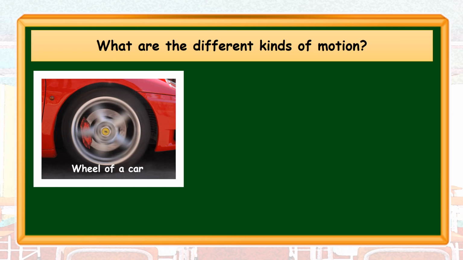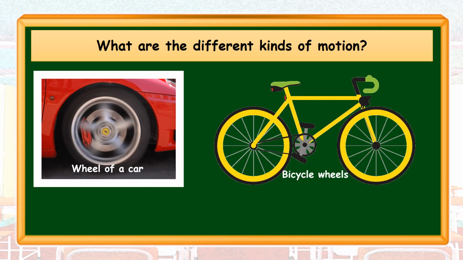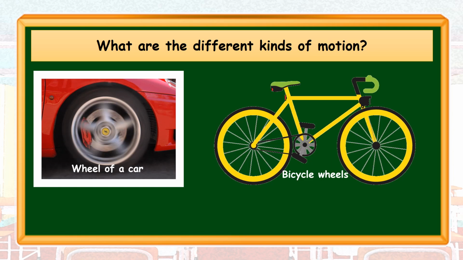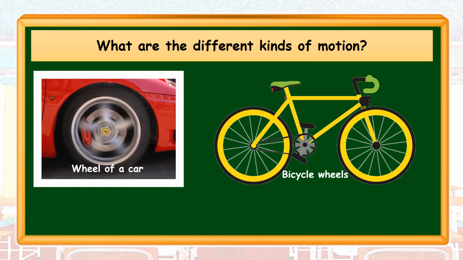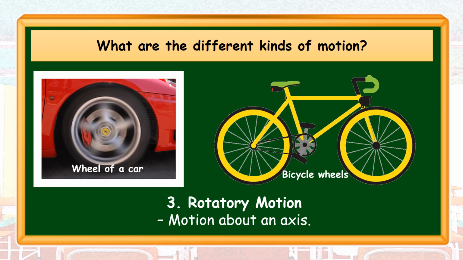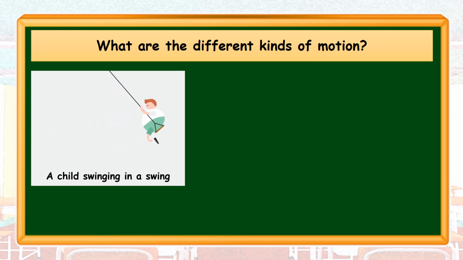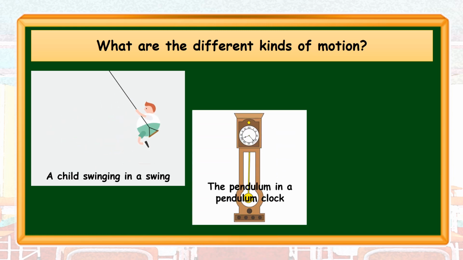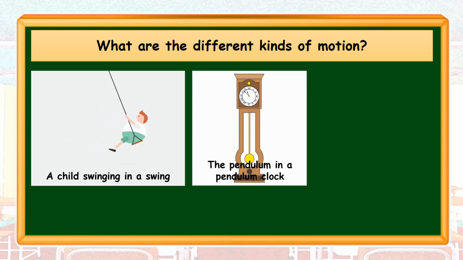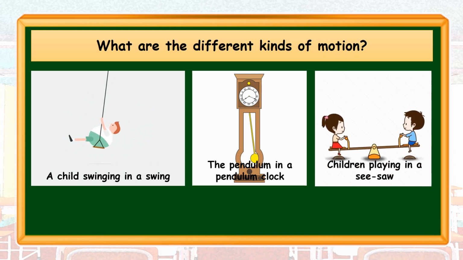Wheel of a car and the wheels of the bicycle possess rotatory motion. What is rotatory motion? Rotatory motion. Motion about an axis. A child swinging in a swing, the pendulum in a pendulum clock, and the children playing in a seesaw possess periodic motion.